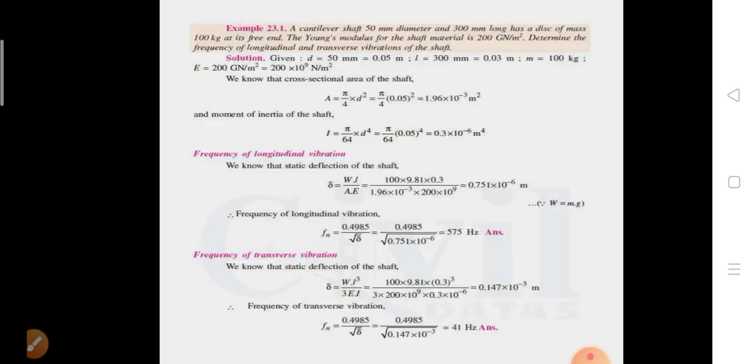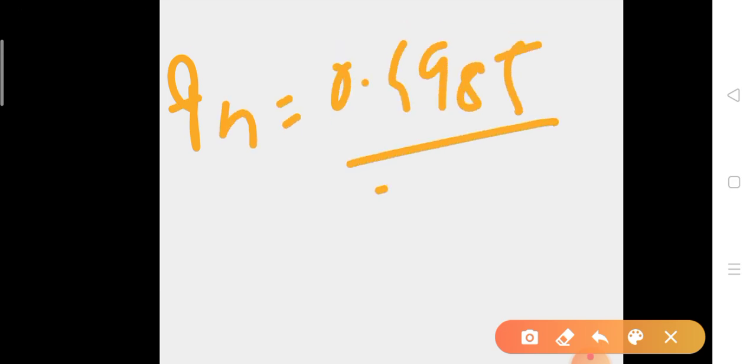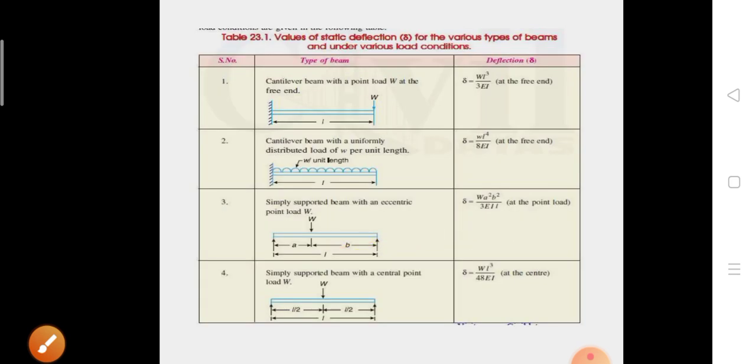You have to use the same formula, that is frequency is equal to 0.4985 upon under root delta. But for longitudinal vibration you use delta equal to PL by AE, or FL by AE. And for transverse vibration you use the delta values for the different cases we have seen here.